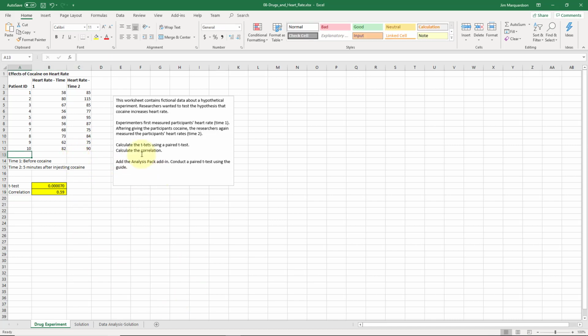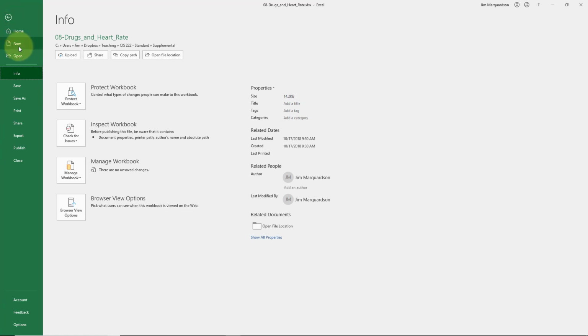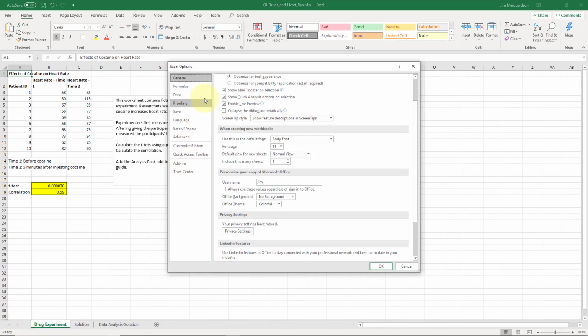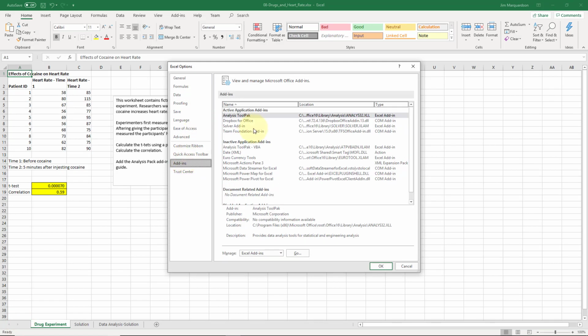But now let's go ahead. We can use the analysis add-in to do some more statistics. I'm going to go to File, Options, Add-ins. I want to add the analysis toolpack.